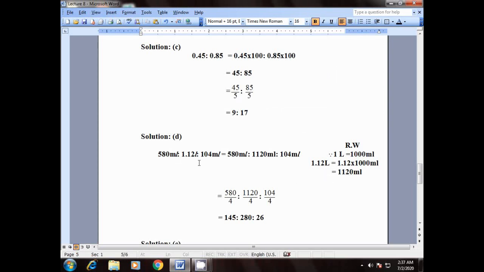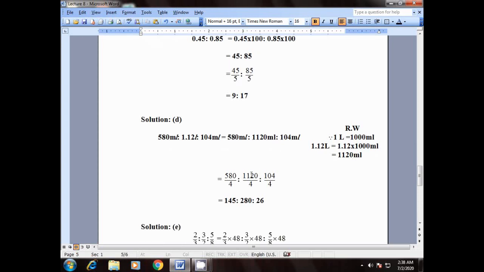Now let's write these three quantities. 580 ml, and we will replace 1.12 liter by 1120 ml because these two quantities are the same. And then the third quantity, 104 ml. Now we know that these three quantities are divisible by 4. Let's divide them by 4.